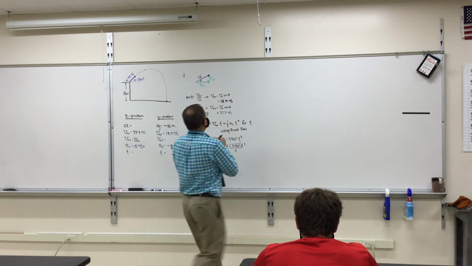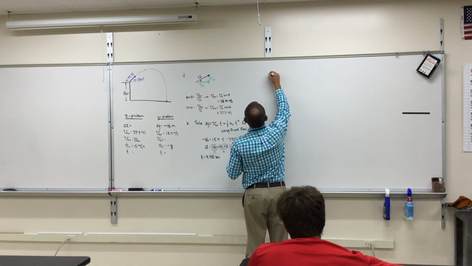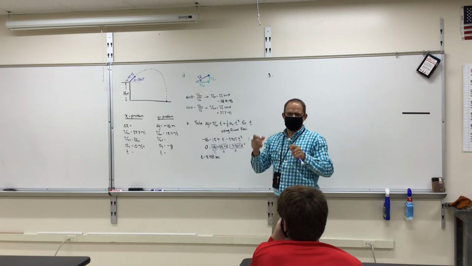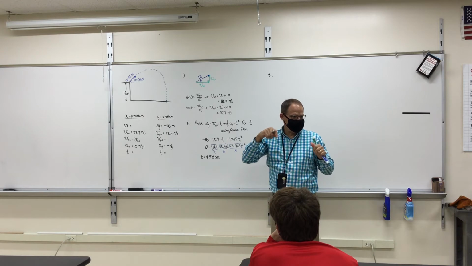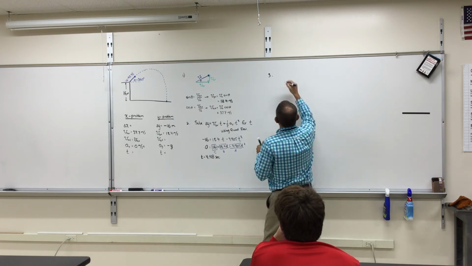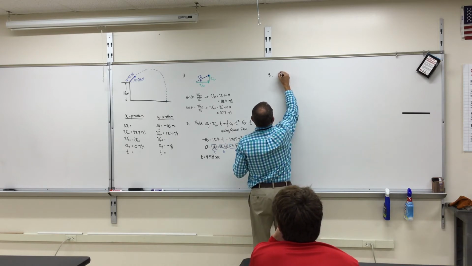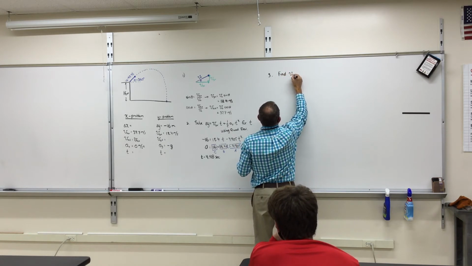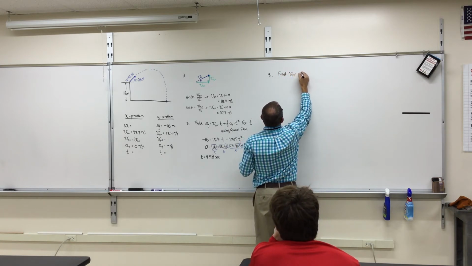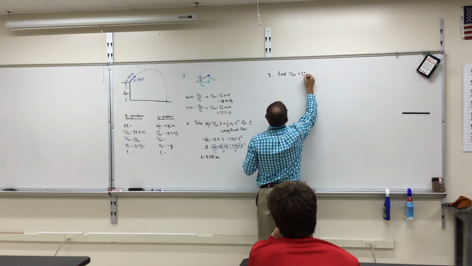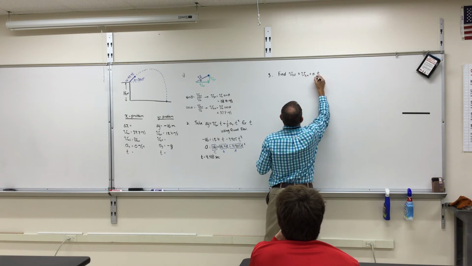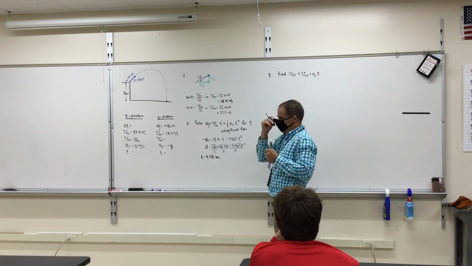Okay, once you know the time, the next thing you can do, step 3, is find the velocity at impact, okay? So we've got to do a couple things. So we have to find the velocity in the y direction final, which equals the velocity in the y direction initial plus the acceleration times the time, and that's in the y direction. Okay?